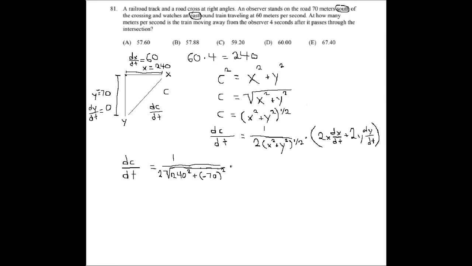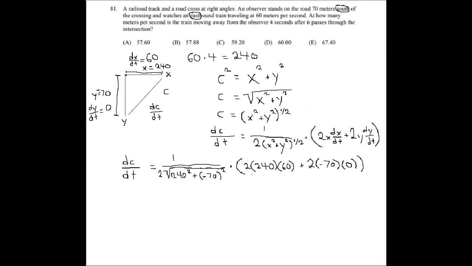And that's going to be multiplied by 2 times x, which is 240, times dx/dt, which is 60, plus 2 times y, which is negative 70, times dy/dt, which in this case is 0 because our observer is not moving.